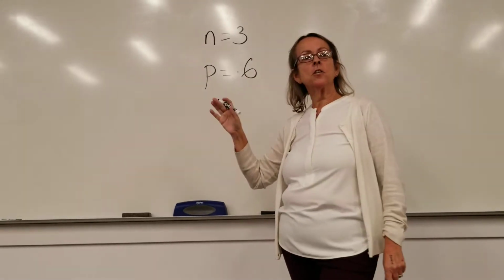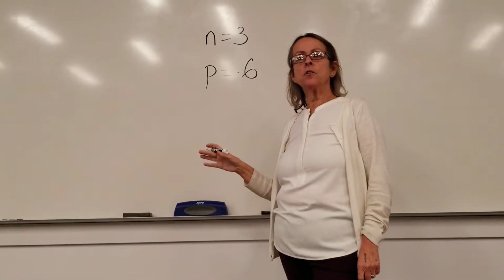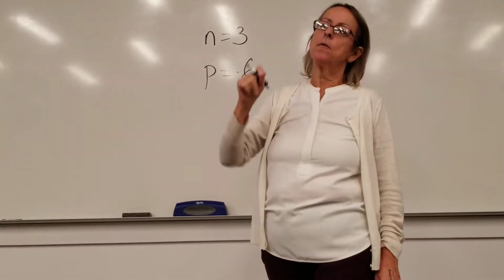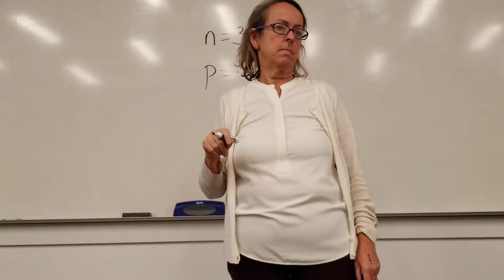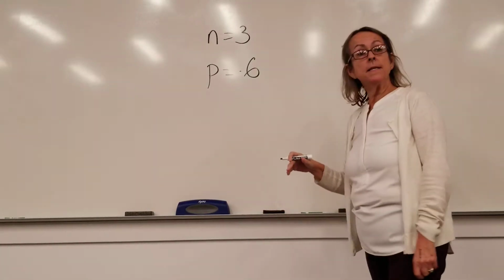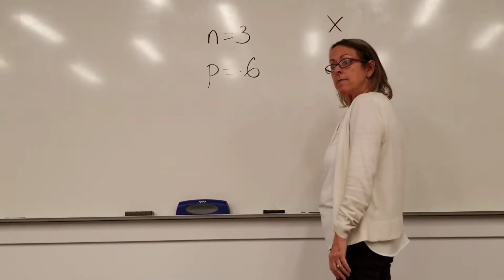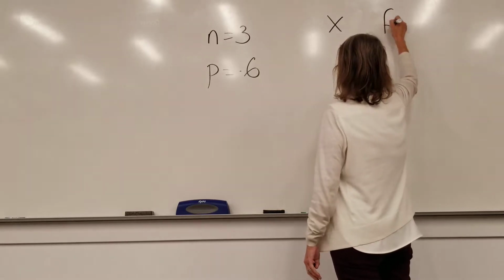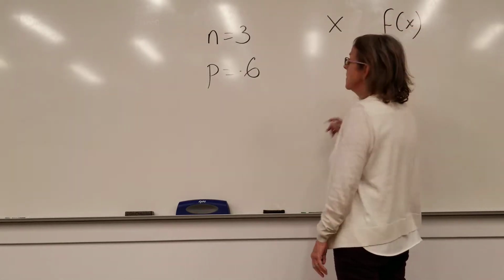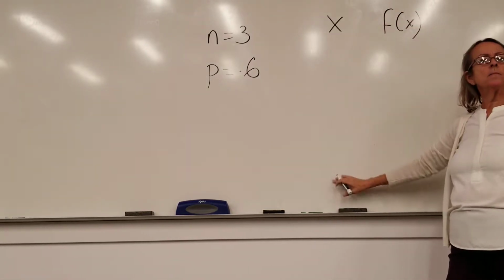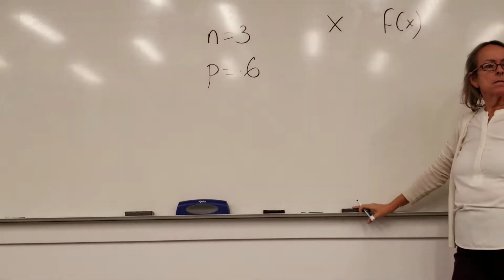If I could ask you, just having given you this information, I can say to you, make me a probability distribution. Okay? So a probability distribution, remember, is list all the possible values of X and their probabilities. What are the possible values of X?